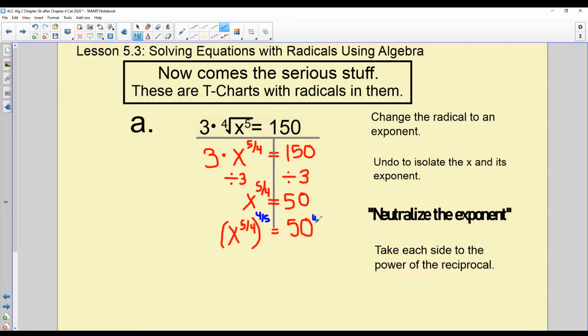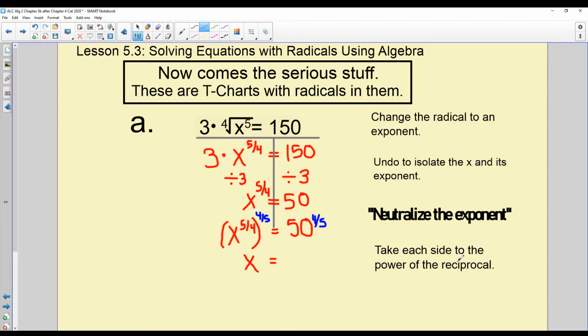And this is totally legal because we're doing it to both sides. What it does is it neutralizes this because 5/4 times 4/5 equals 1. Then we're just left with x to the first power. And math people are lazy, so we just write x.